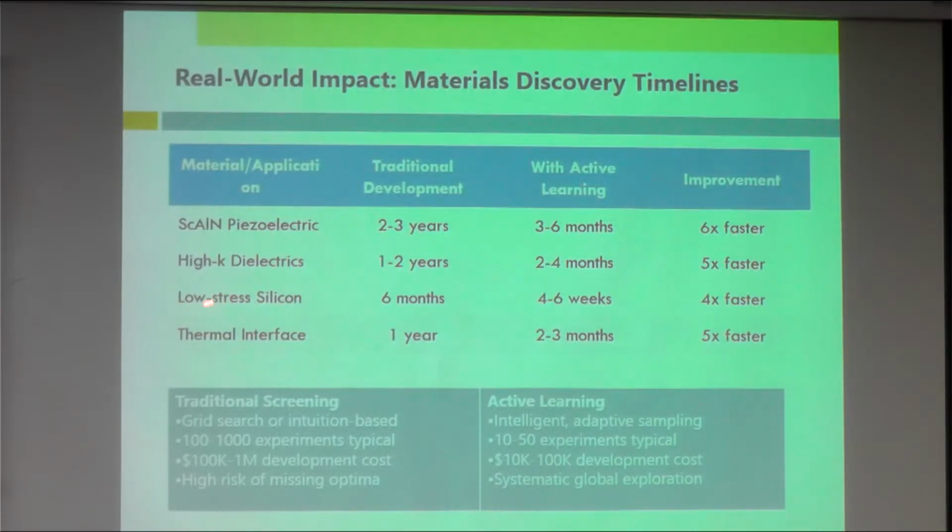And if we look into low stress silicon, for example, it might take you 6 months for the development, and for the active learning process, 4 to 6 weeks. It's 4 times faster.